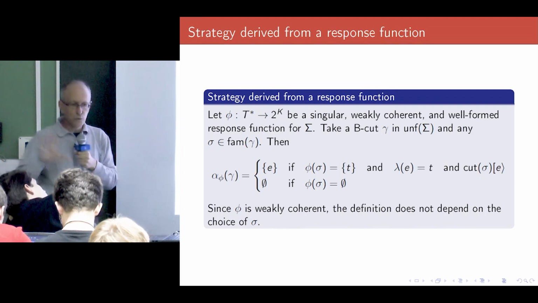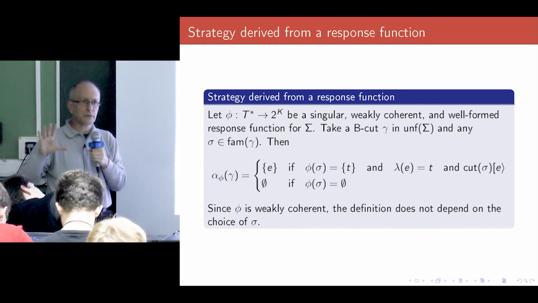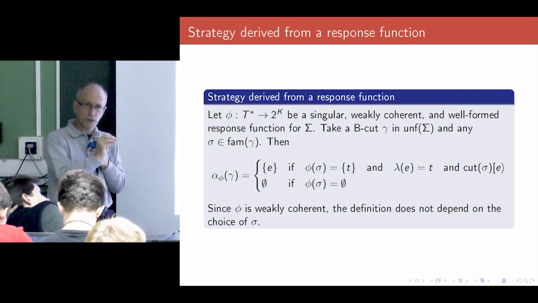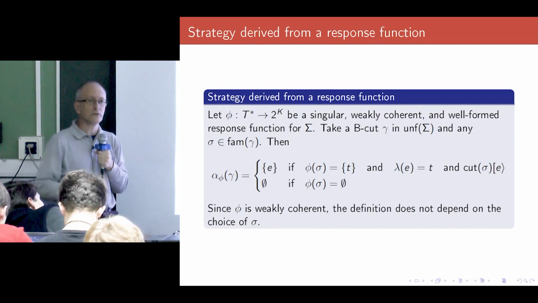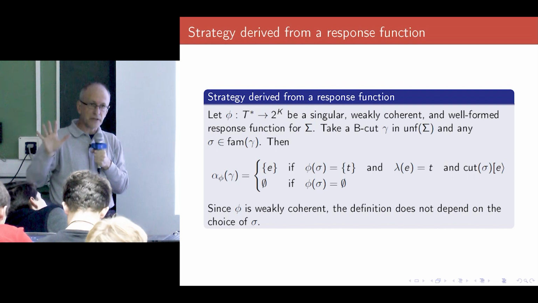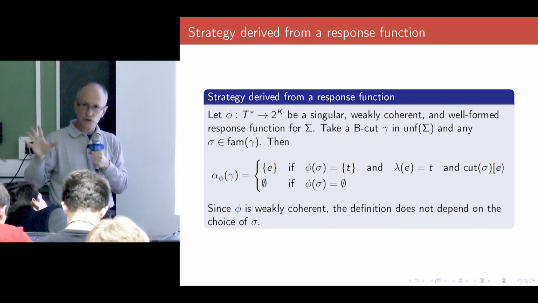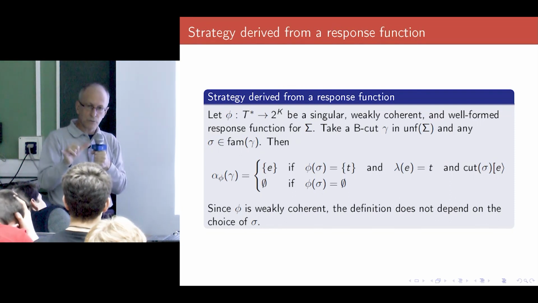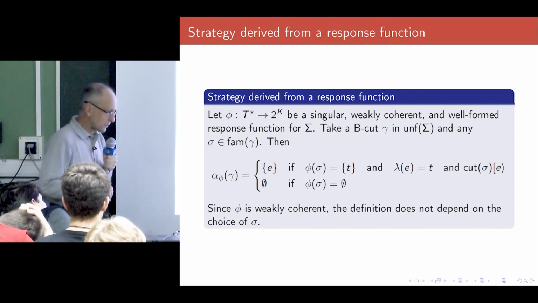Now we have two different notions. One is the original notion of weak observable liveness with the response function defined on the transitions of a net. And on the other hand, we have this idea of a game and a strategy defined on the unfolding. What is the relation between these two notions?